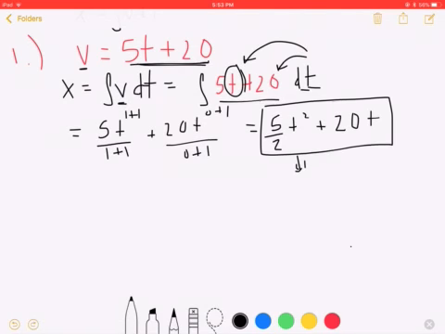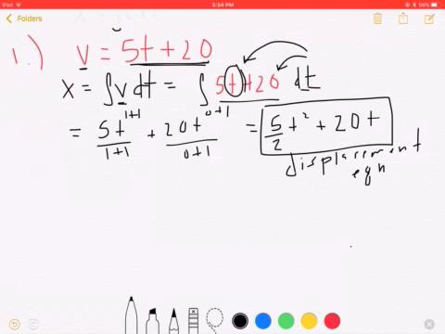Okay, so that's our displacement equation. If we want the total displacement from the time interval of 0 seconds to 2 seconds, we want to find something called the definite integral, which would basically mean the definite displacement from 0 to 2 seconds. So what I do is basically, theoretically, I plug in a 0 for t and a 2 for t.